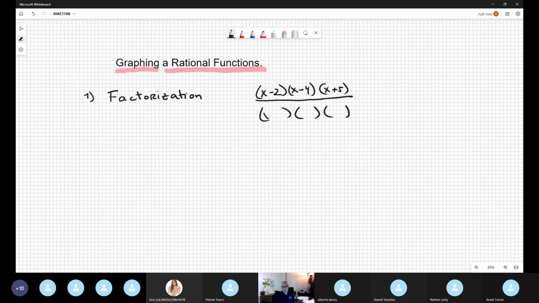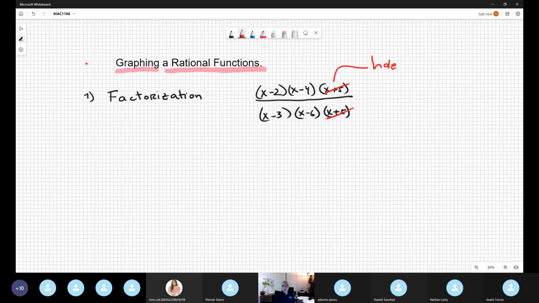And at the bottom we have x minus 3, x minus 6, and x plus 5. Not always does this happen, but sometimes it does. Now you detect, wow, these factors cancel out. So the factor gets canceled out as a whole.